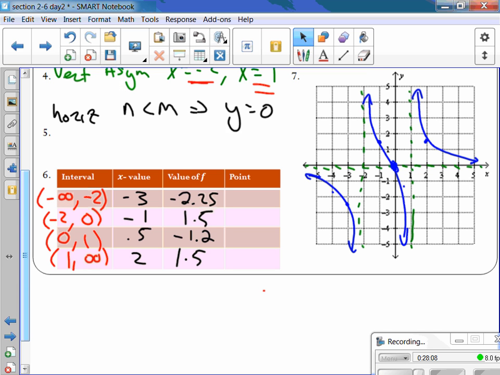The definition of a horizontal asymptote: as x approaches infinity or -infinity, f of x approaches a certain number. So as x gets larger or as x gets smaller, it's approaching a number. Sure enough, we can see on the left, as x gets smaller, it's approaching y equals 0. As x gets larger, it's approaching y equals 0.